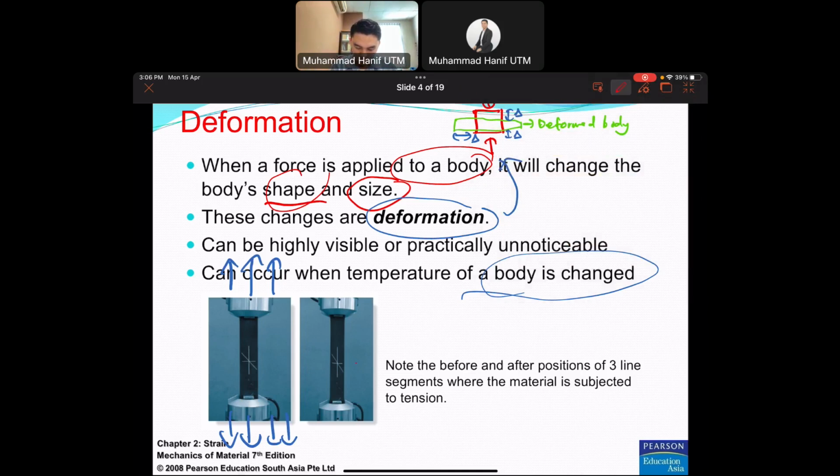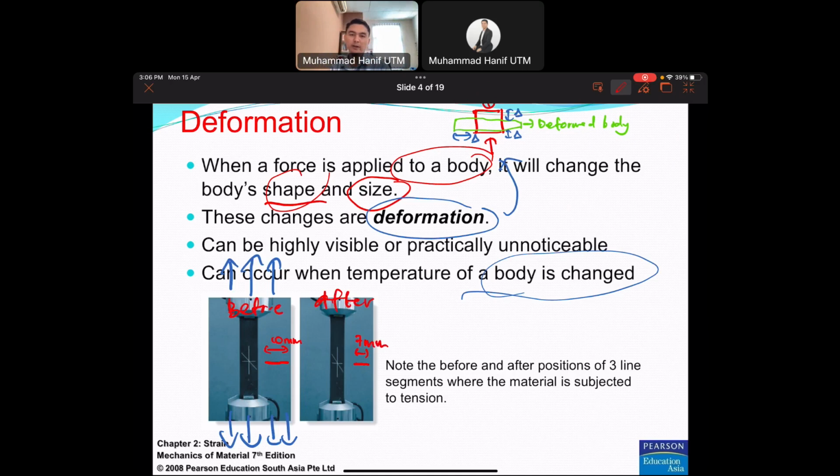For example, this line is from a longer distance, say 10 mm. When you do a tensile test, the horizontal line will be squeezed, and the dimension will become less than 10, for example, 7 millimeter. So this is before, this is after.